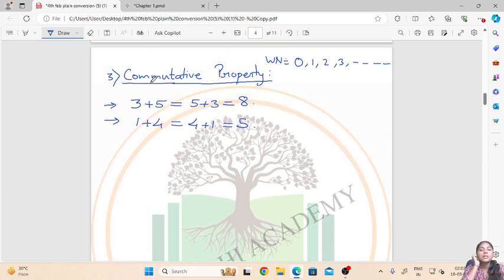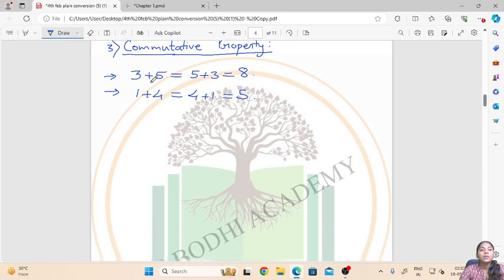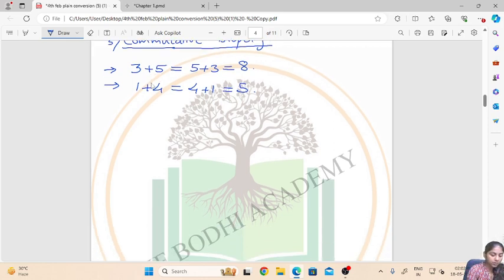Now let us see if this is true for integers. So let us take an example. If we take minus 8 plus minus 9, what will it be equal to?